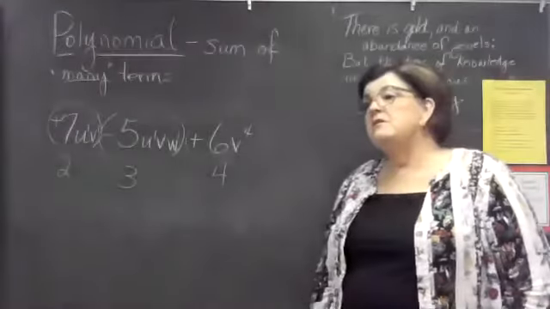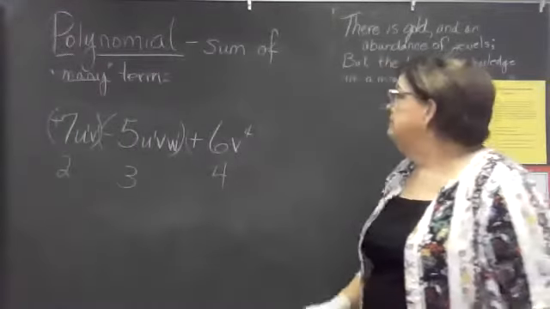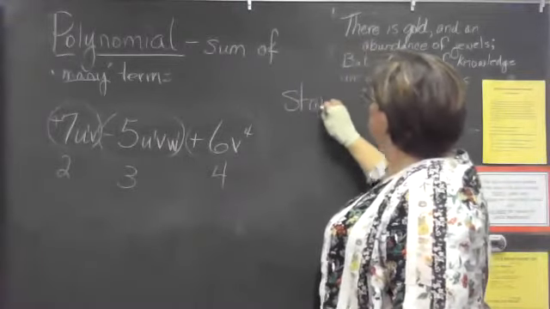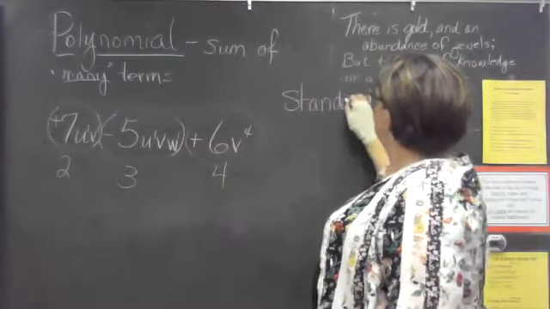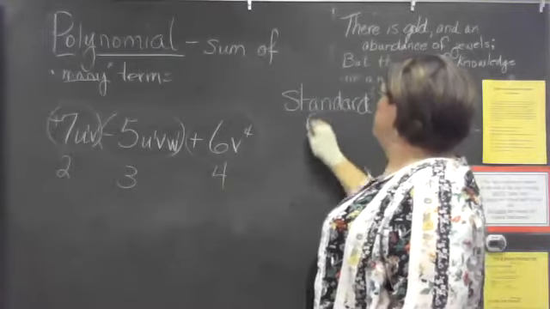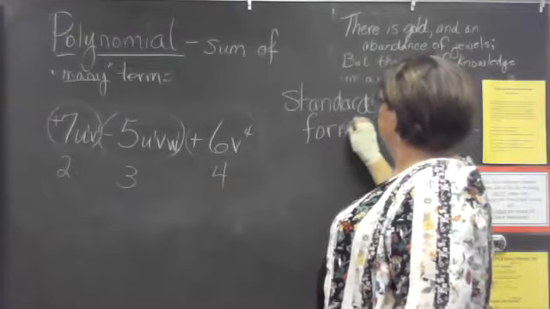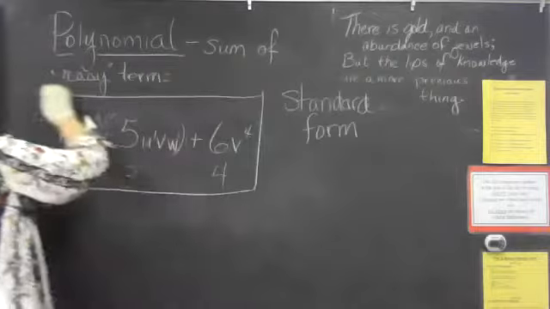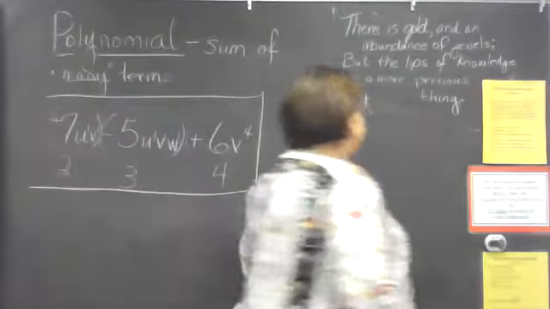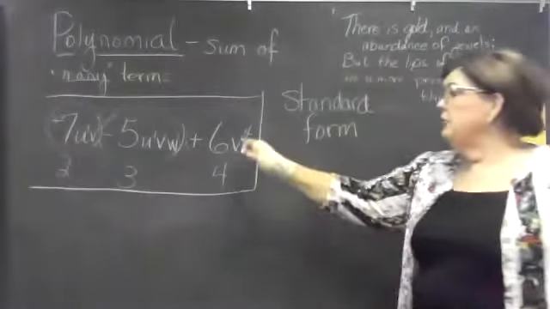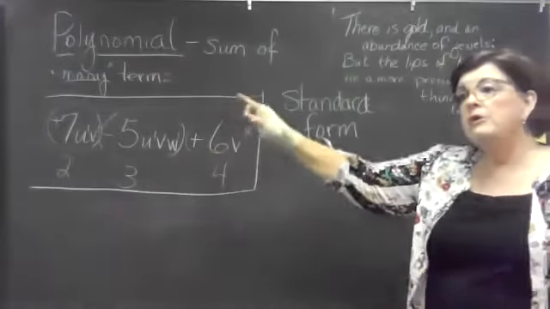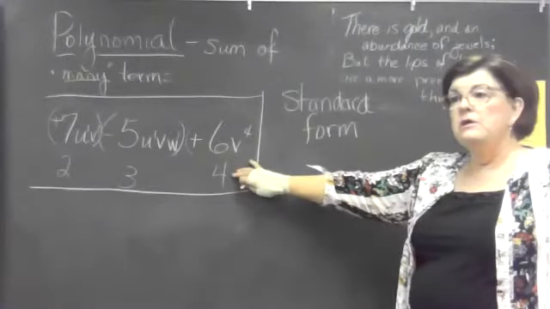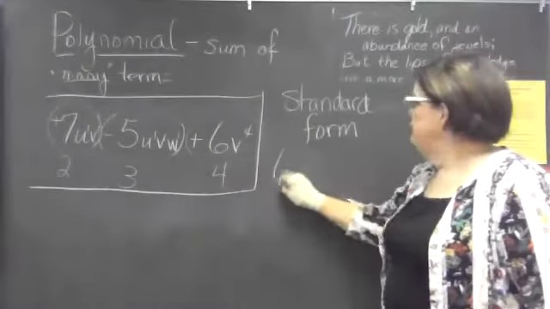Which brings us to standard form. If we're going to put our polynomial into standard form, we will put it in order according to the degree. So I'm going to look at each term in my polynomial, and I'm going to say this one has the biggest degree, so I'm going to write this one first.